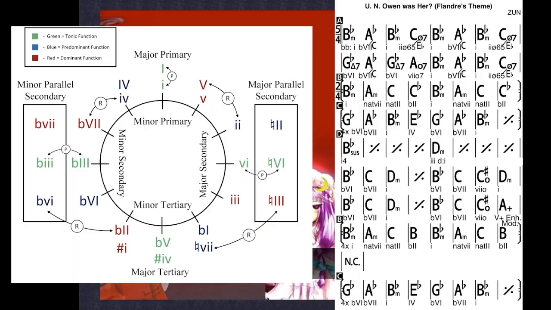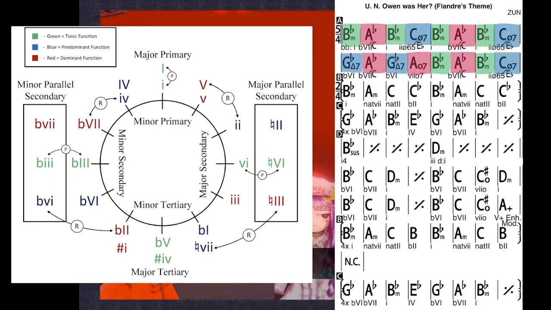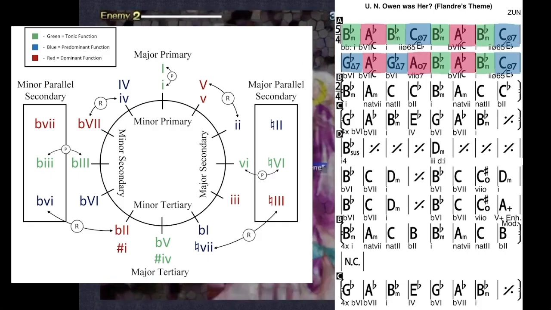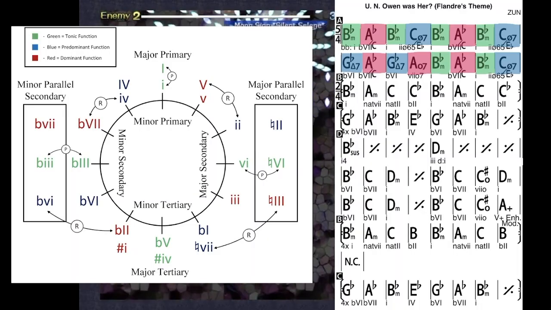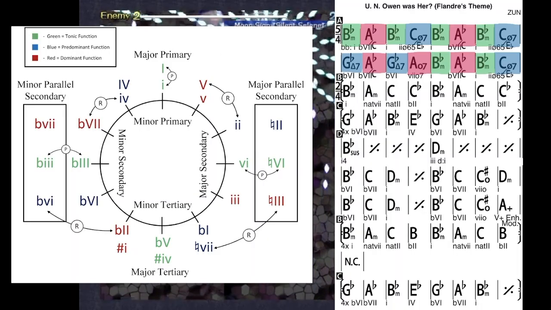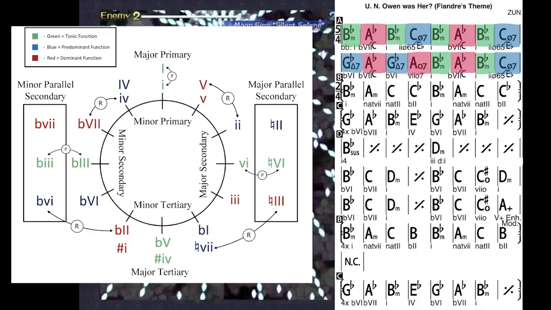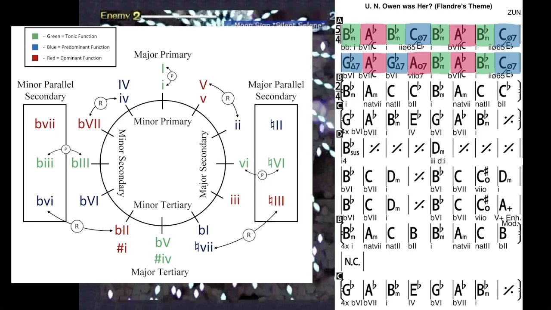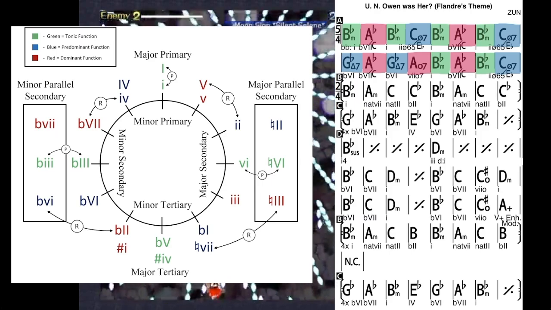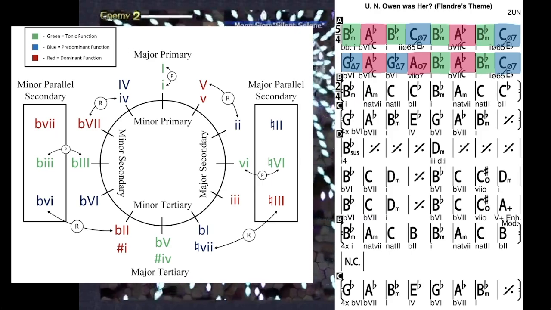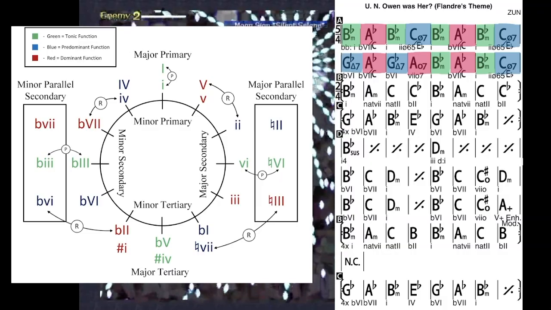So this is our function diagram, if you're new here. We're going to use this diagram to color our diagram to get some idea of what's going on. So we start out on this one chord in this weird meter of 5/4, and then we move to flat 7, which is a dominant function chord.